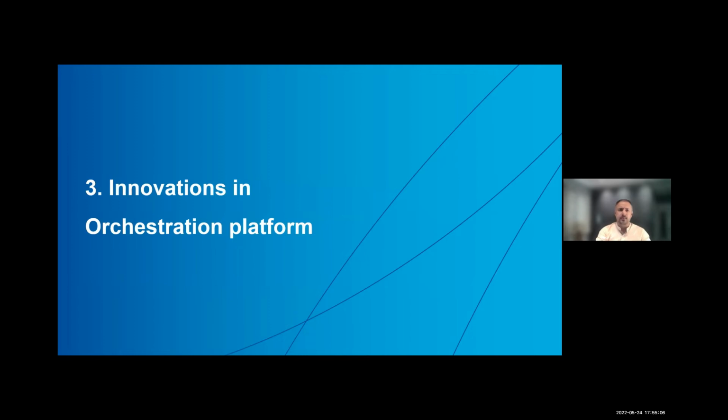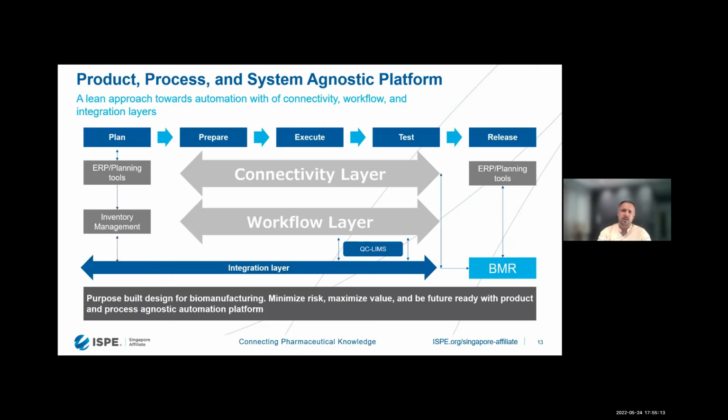So we are purpose building a platform, an orchestration platform. If I think about the different stages of a batch execution in a biomanufacturing plant, it goes to plan, prepare, execute, test, and release.